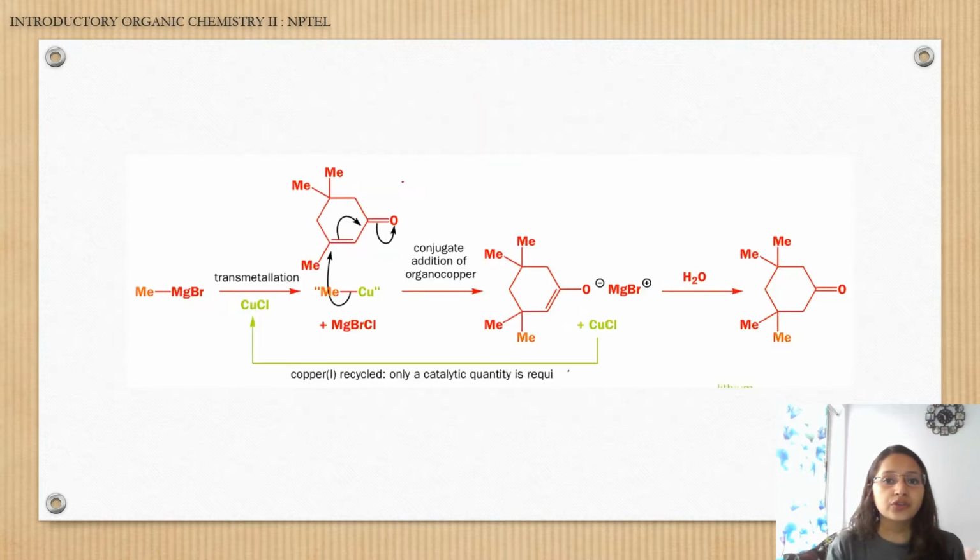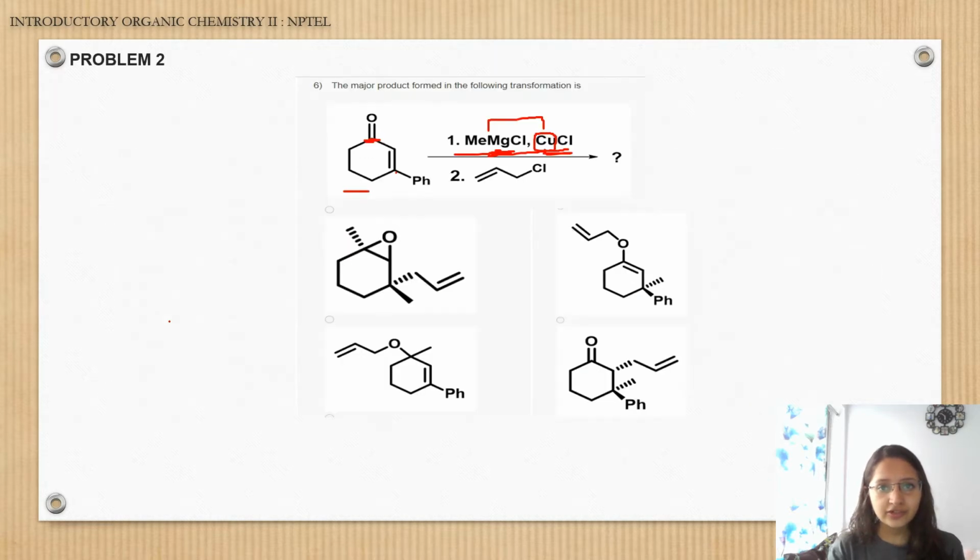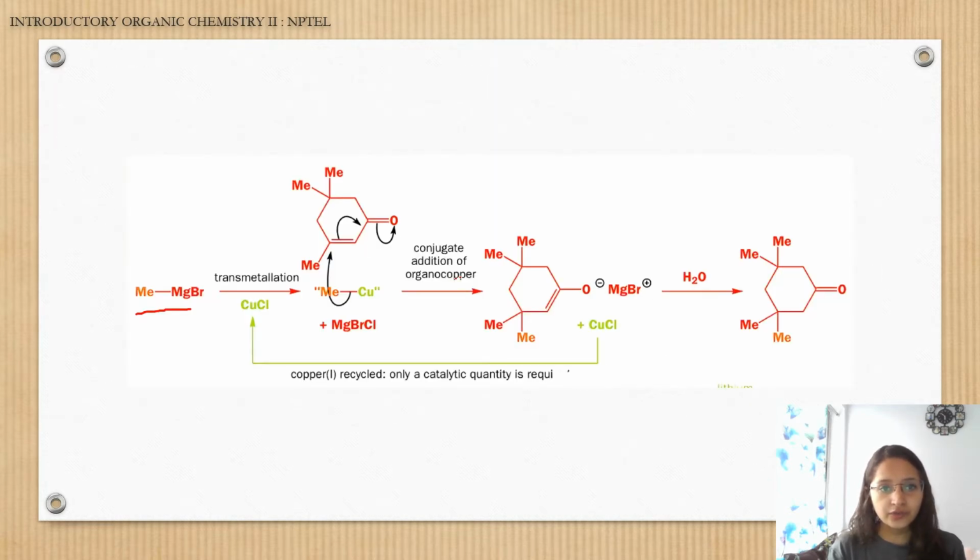Okay, so now here what happens, as you can see, methyl magnesium bromide, or rather the methyl magnesium chloride we have here. So first of all a transmetallation step is taking place between the copper chloride and the methyl magnesium chloride. How? There is a magnesium chloride which is going to be given as a byproduct, and a methyl copper like thing is going to give you a soft nucleophile.